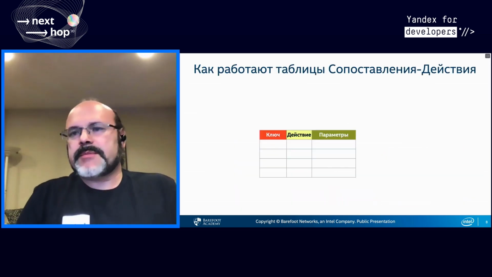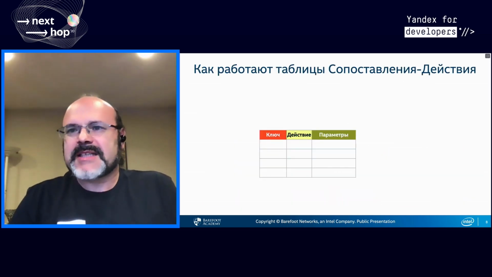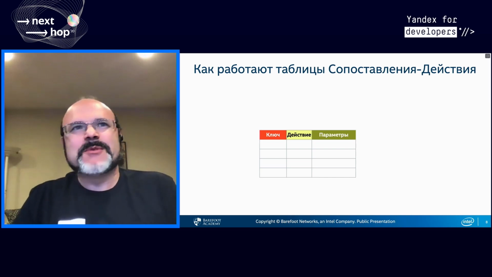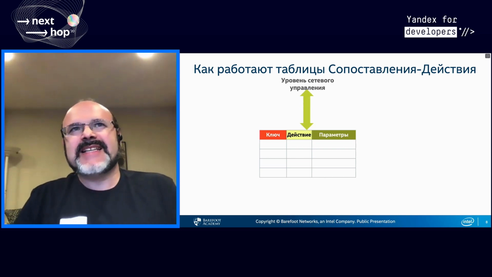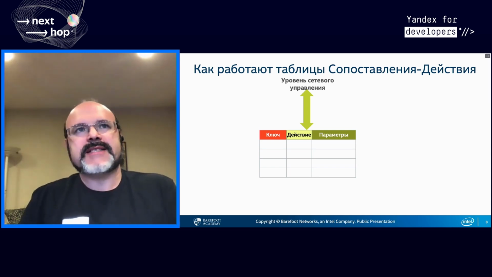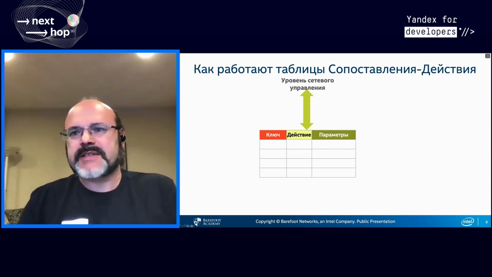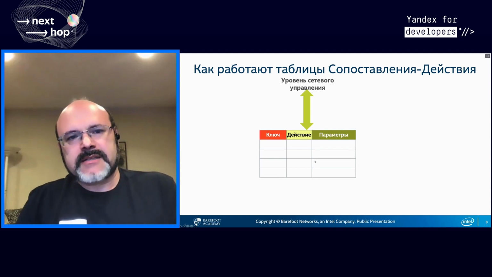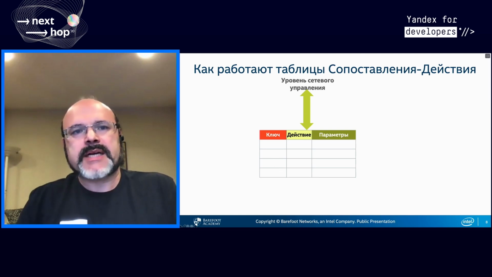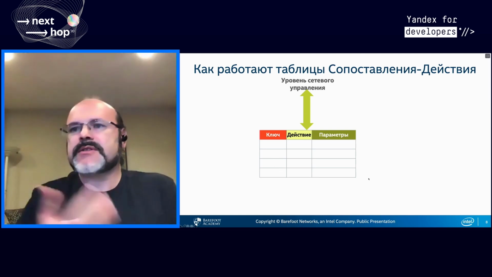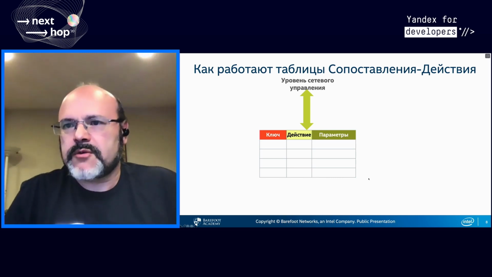How do those tables function? They are real tables. They look like all other tables everywhere. They are rectangular. And they consist of 3 parts. The key, with which we do the match, the action code, that's what we need to do next, and the parameters of the action.